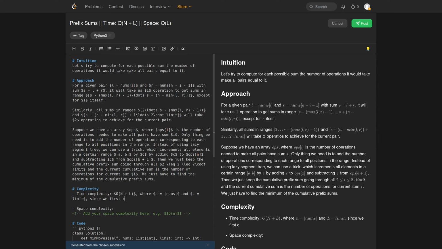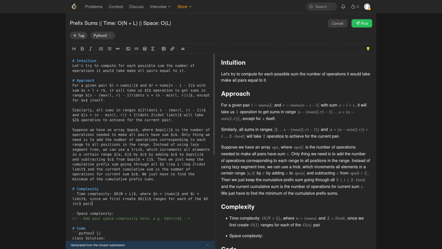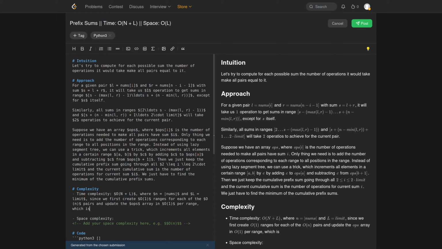First create ranges, O(1) ranges for each of the O(n) pairs, and update the ops array in O(1) per range, which is O(n) in total.